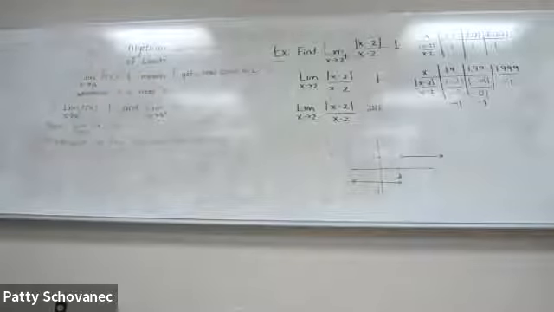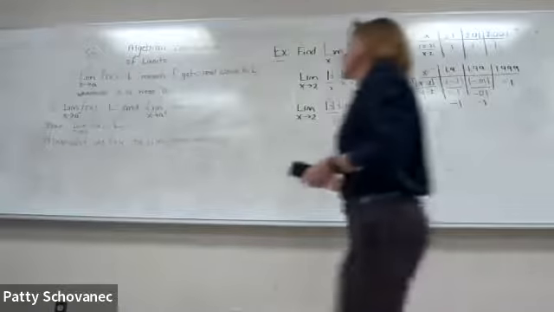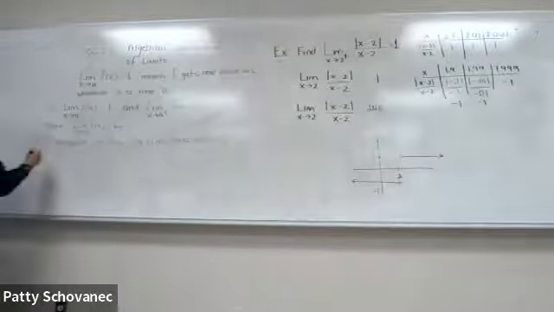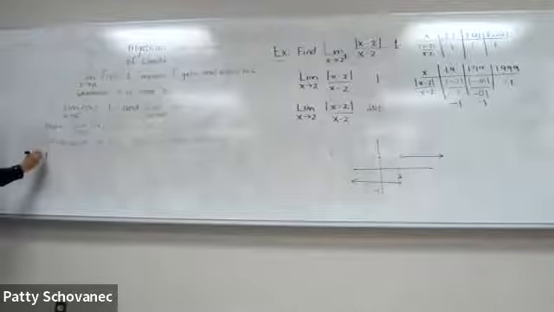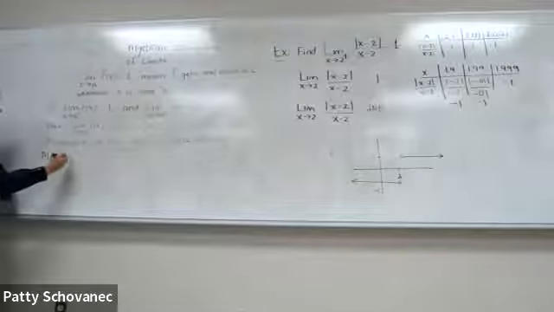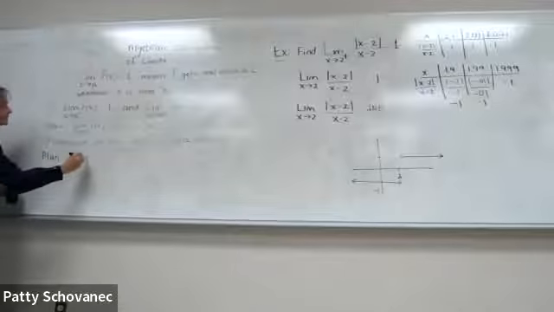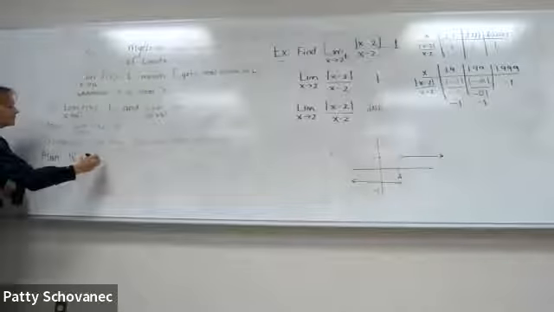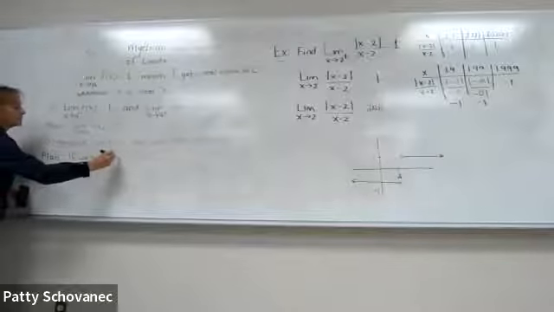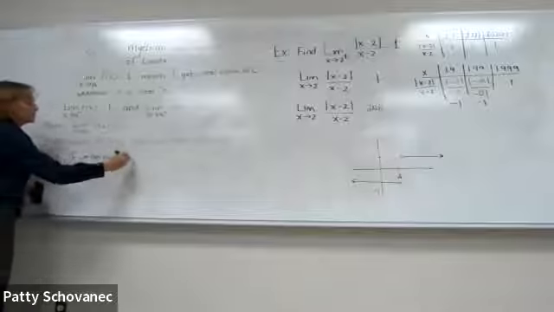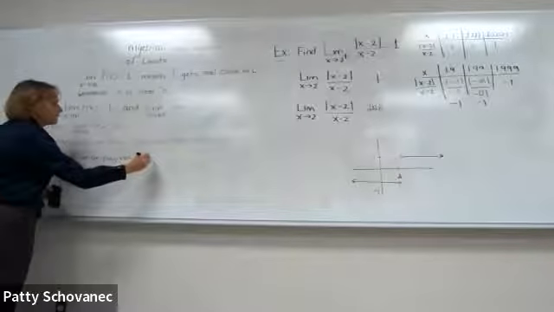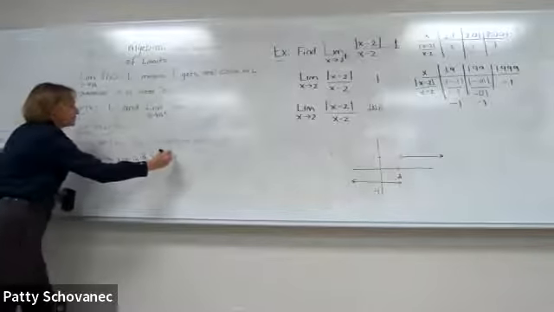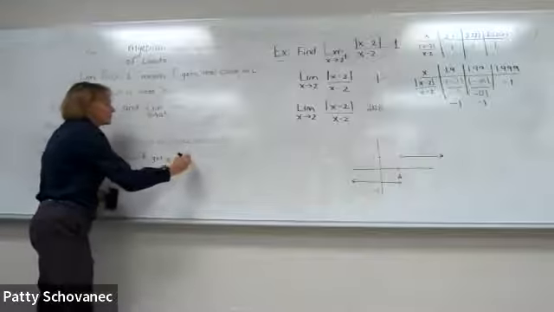So sometimes we do have to plot some points. Sometimes we can use algebra. Our plan in calculating limits: if we can plug the number in and get a number back out, that's our limit.